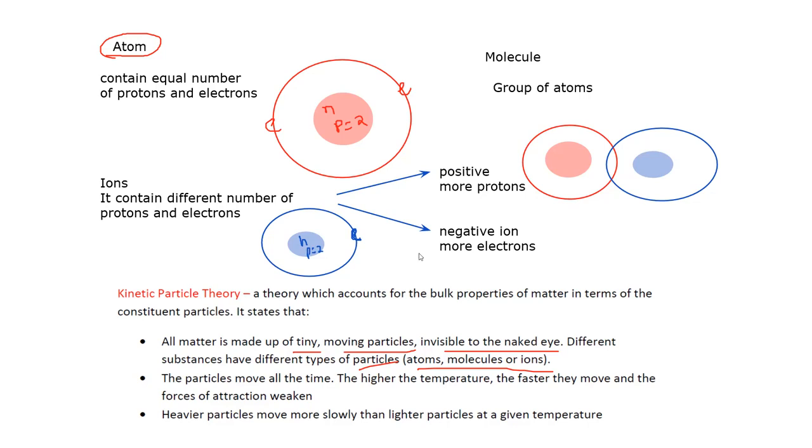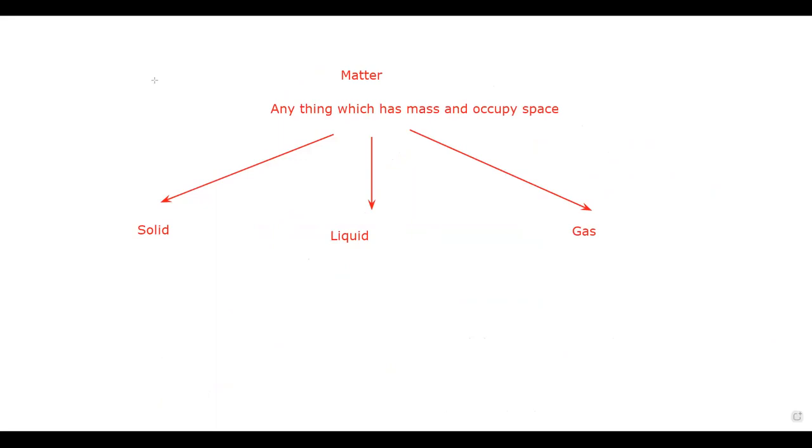So for example, say this is a matter. A matter can be a solid, liquid, or gas, because there are three states, and this matter has particles. For example, it contains one proton, one electron, one proton, one electron, and one proton, one electron.